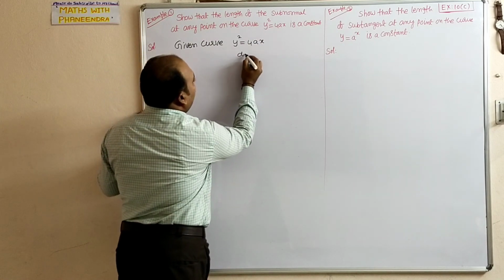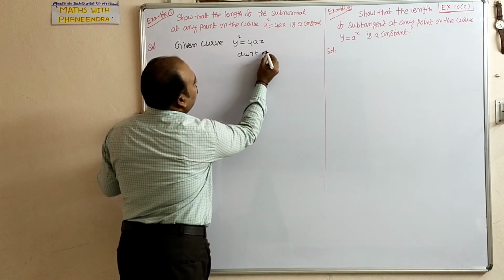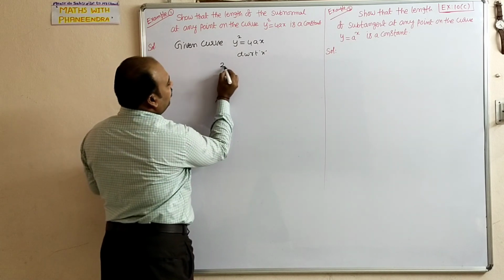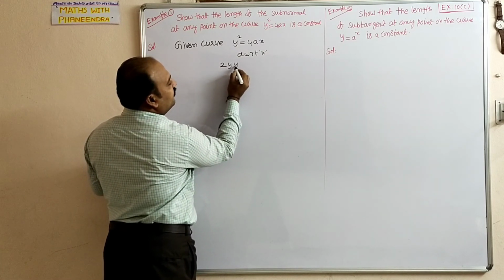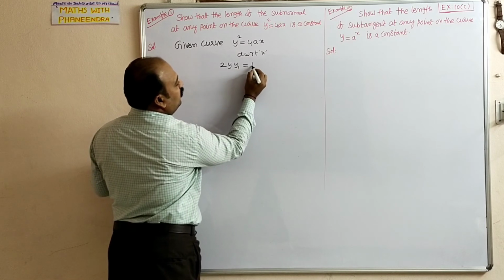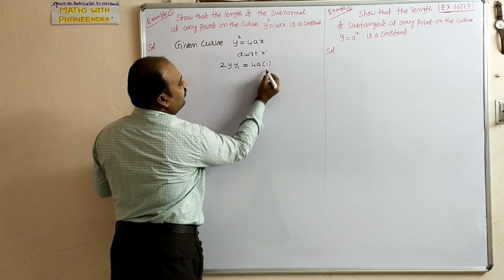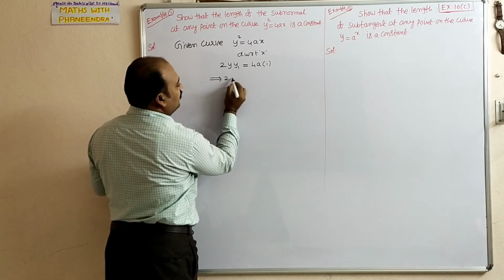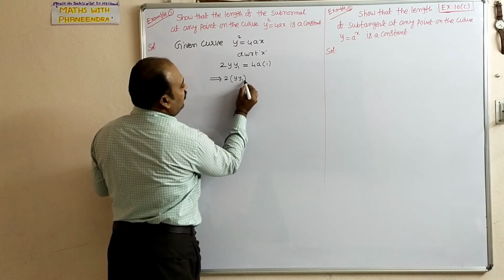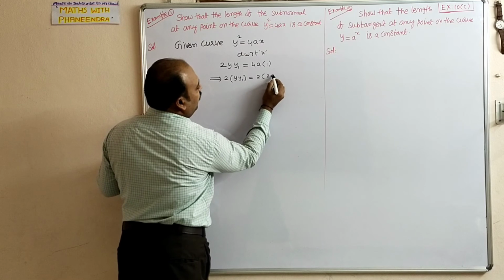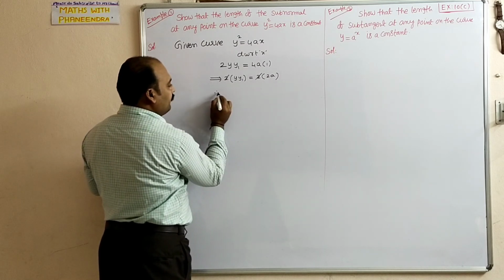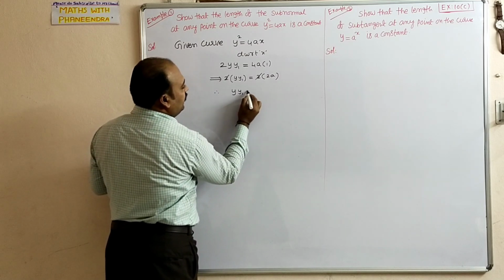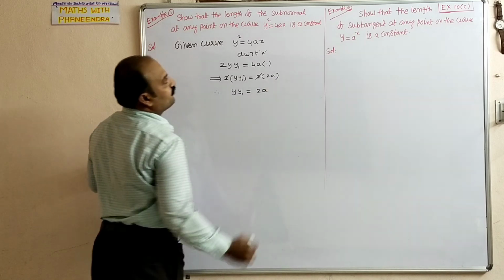Differentiate with respect to x. y square derivative is 2y y1, equal to 4a, a constant, x derivative is 1. So 2 on both sides gets cancelled. Therefore y1 is equal to 2a by y.